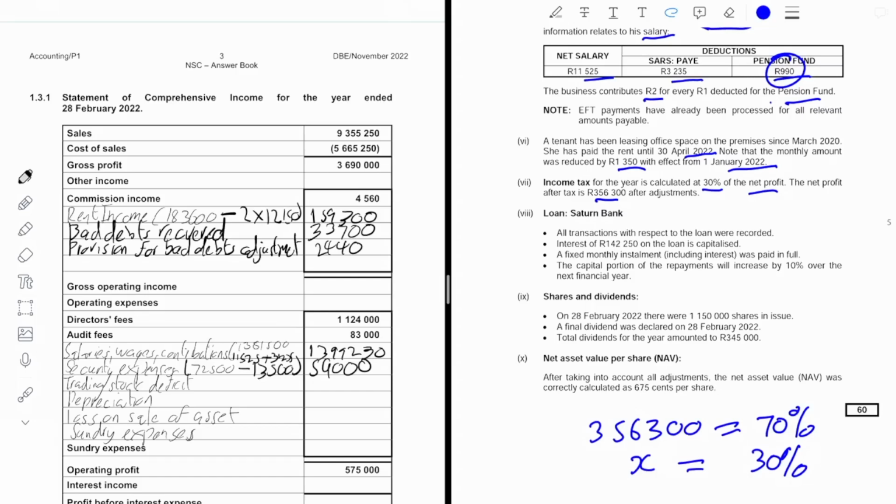And then if we solve this, we get that X is equal to 152,700. And that's our income tax figure. And then let's just add that in.